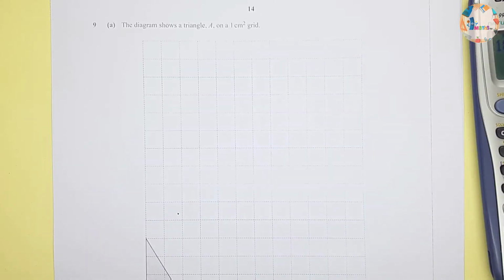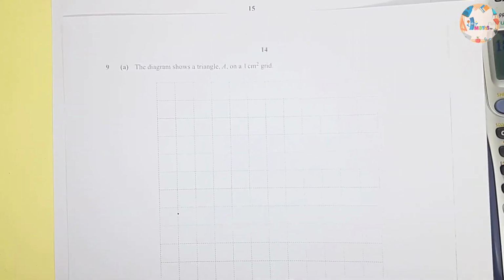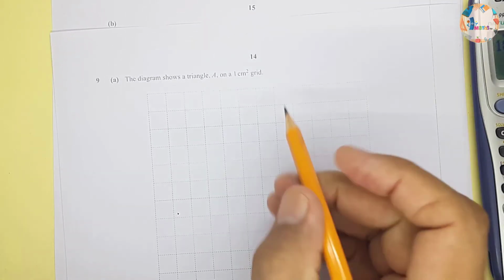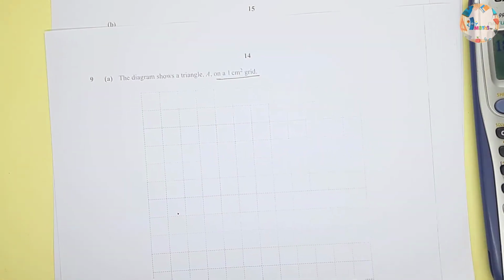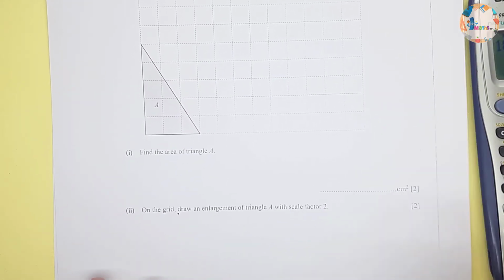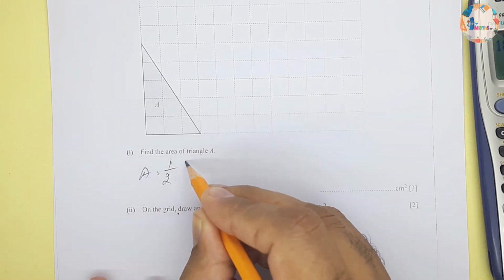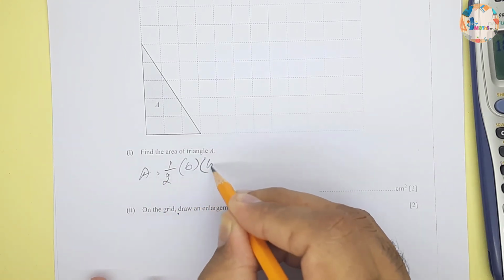Now question number 9. The drawing shows a triangle A. Triangle A is over here. This is shown on a 1 centimeter square grid. So this is the triangle shown. Find the area of the triangle. We know area of the triangle is half into base into height, b into h.